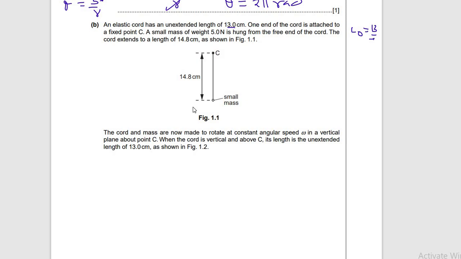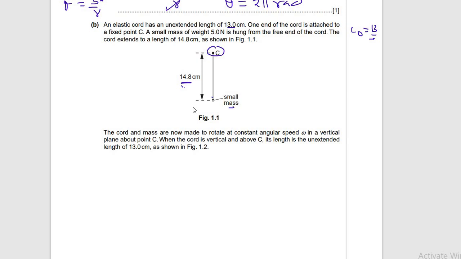Remember the original length is 13, but this is 14.8, which means it's been extended. There's an increase from 13 to 14.8 by the application of the 5 Newton weight. So there's a weight attached. One end of the cord is attached to a fixed point C. A small mass of weight 5 Newton is hung from the free end. Look at it, they said mass.